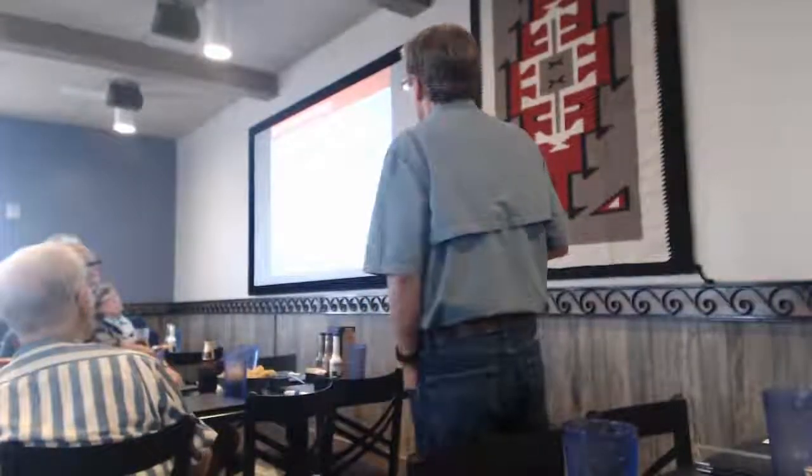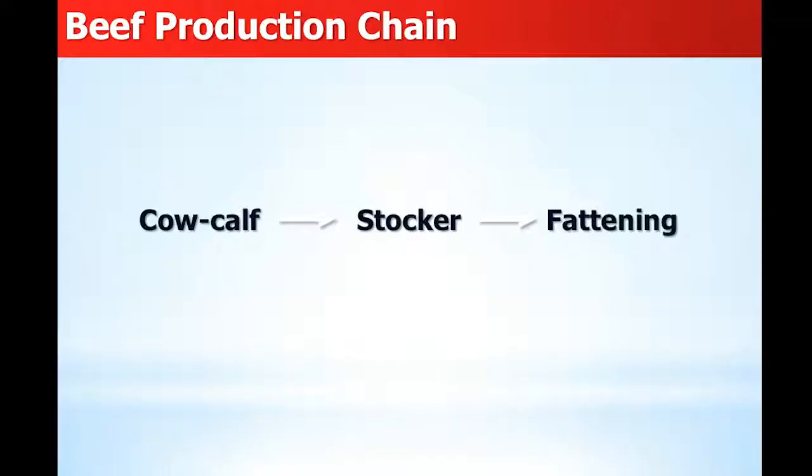Now, those of you who know cattle know this already, but I have to go through this with my students in my class: the beef production chain. The first link is the cow-calf operation.